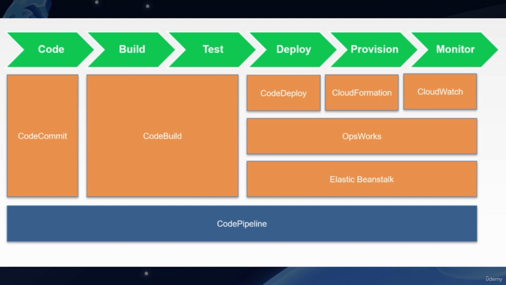We could also have AWS manage that deploy, provision, and monitor part for us using OpsWorks or Elastic Beanstalk. And then we could actually just have the production ready code simply passed on to Elastic Beanstalk or OpsWorks, and that will look after everything for us.